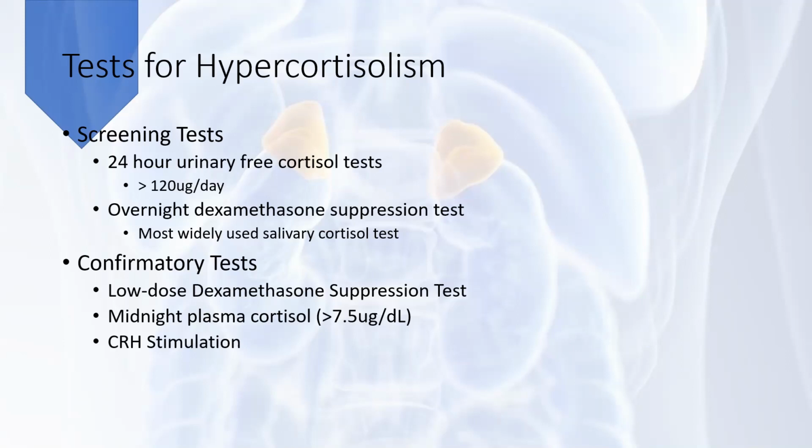And remember that, guys, the dexamethasone suppression test is most widely used, and also the salivary cortisol test. And the confirmatory test includes low dose dexamethasone suppression test, okay, and the midnight plasma cortisol, and of course the CRH stimulation.